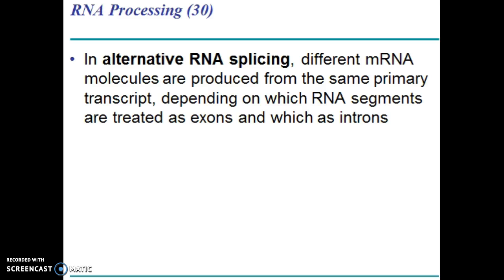Cells of different organs, once again, have different functions, and therefore they need genes to be expressed differently. Therefore, cells can select different portions of a gene that are needed for that cell's specific function, and that ultimately will dictate which sections of an RNA will become an exon and which will become an intron.